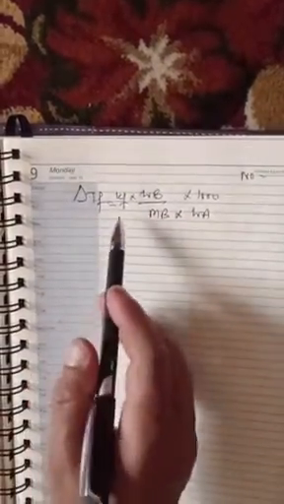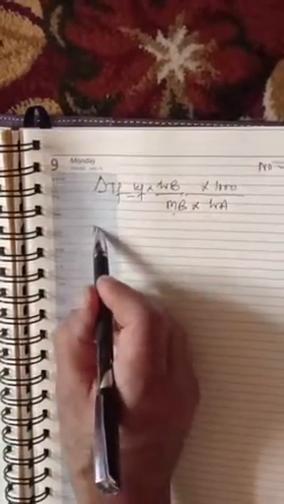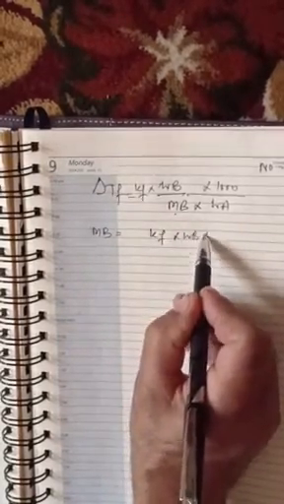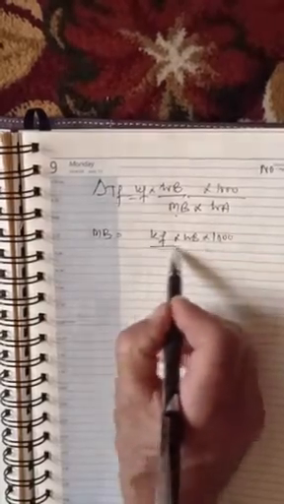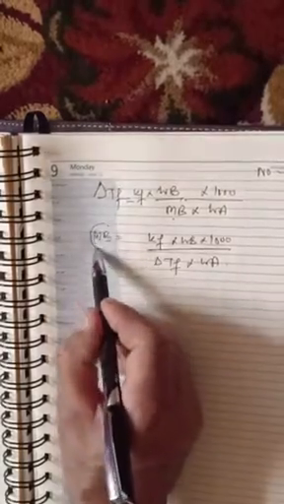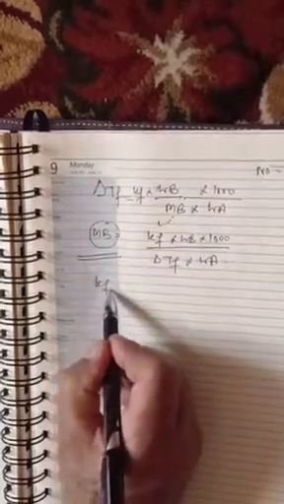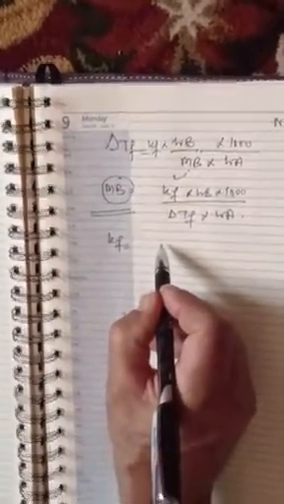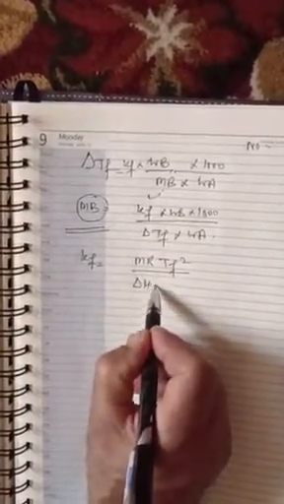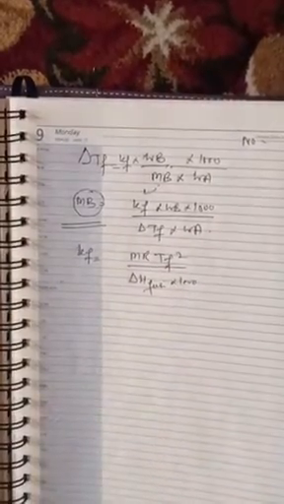We know ΔTf is equal to Kf m. Molality is defined as the number of moles of solute dissolved per kg of the solvent, that is, divided by the weight of solvent, multiplied by 1000. If we take the weight of solvent in grams, then we have to multiply by 1000.